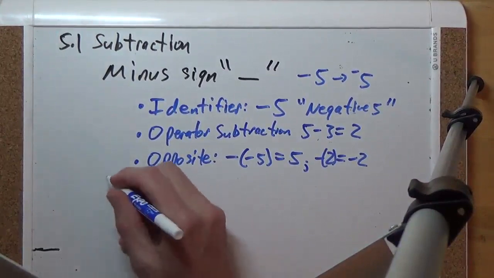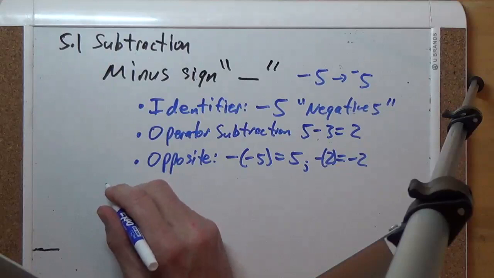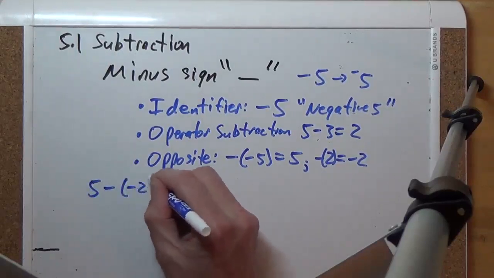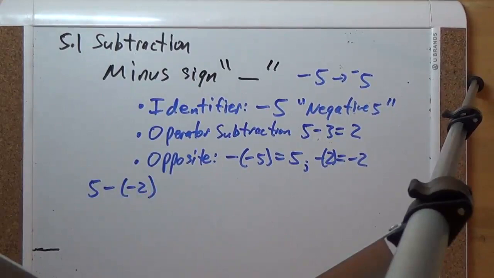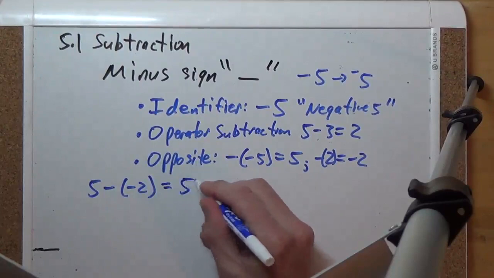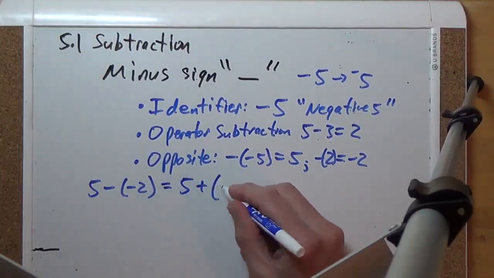So you can see why it causes some problems, because look at this. If I do this algebraic expression, where here we have subtraction and identifier, well, we're going to learn today that this is the same as adding the opposite.